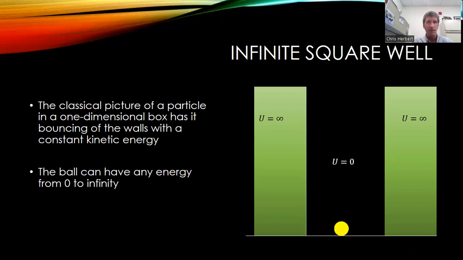Now, to be fair, I haven't shown this ball bouncing back and forth at the energy that it would have given its kinetic energy. But we could imagine if it moved back and forth faster and faster, it would sit higher and higher in this well, because this is a graph of energy vertically and a graph of position horizontally. So again, the ball can have any energy from 0 to almost infinity. And again, it's not going to penetrate the walls.